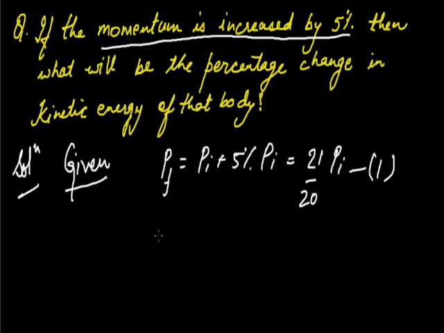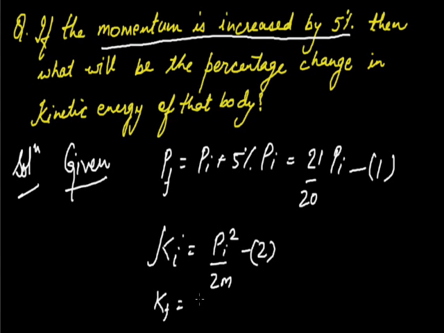Now, we are asked for the change in kinetic energy. So, let's see, if the initial kinetic energy was equivalent to pi square upon 2m, then the final kinetic energy will be (21 by 20) whole square pi square upon 2m.